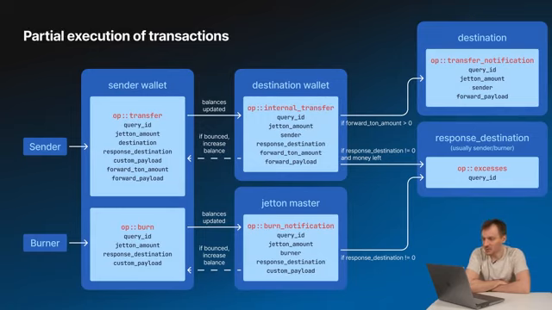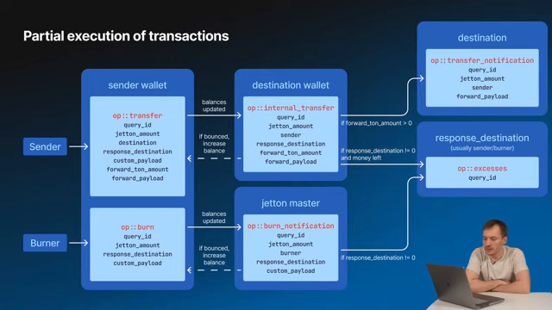For example, consider the message flow of a standard Ton Jetton. Look at the picture. Here is the Ton Jetton message flow. What follows from the diagram? Sender sends a transfer message to its wallet, sender wallet, and sender wallet reduces the token balance. Sender wallet sends an internal transfer message to the recipient's wallet.